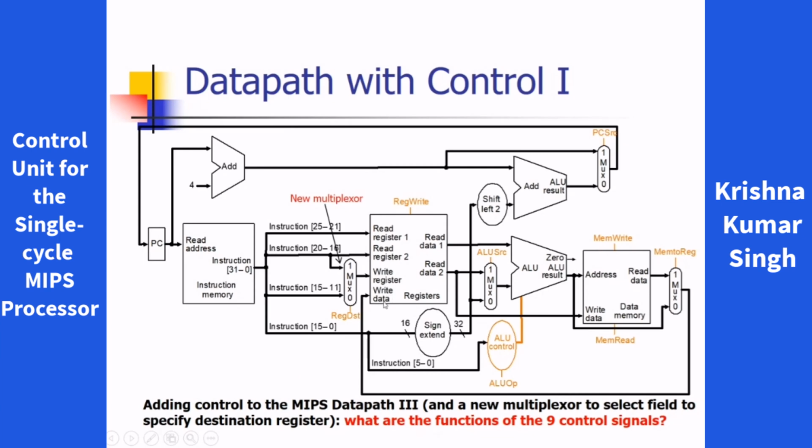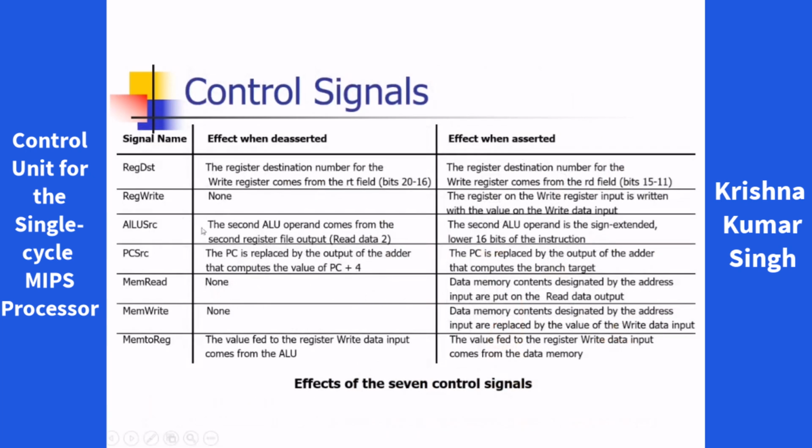ALUSrc, as you can see, determines the second ALU operand. Is it coming from the register file? If yes, then ALUSrc should be 0. If the second operand of the ALU is coming from the sign extension of the 16-bit immediate data, it should be 1. PCSrc should be 0 if the PC is replaced by the output of the hardware that computes the value of PC plus 4.